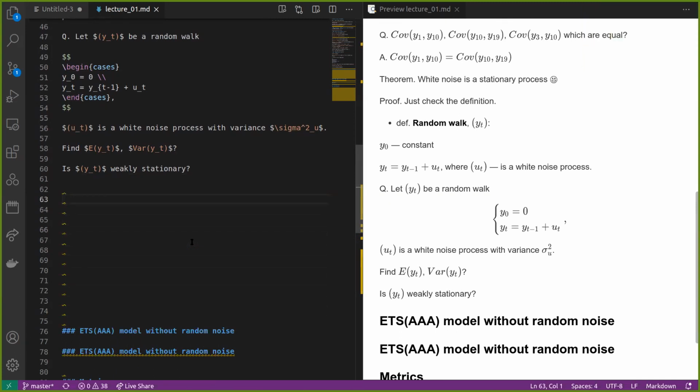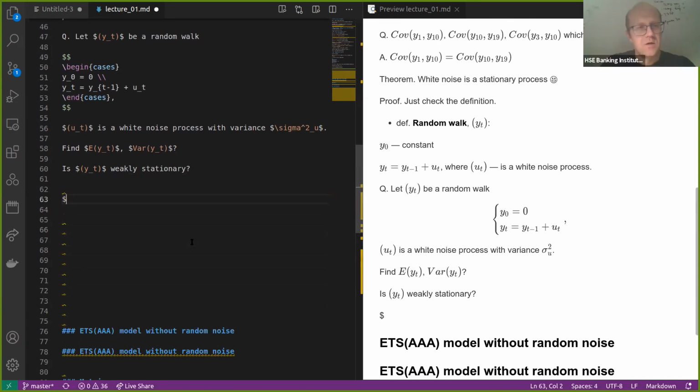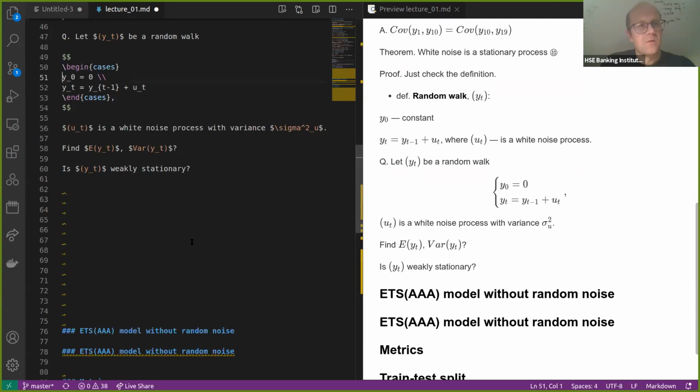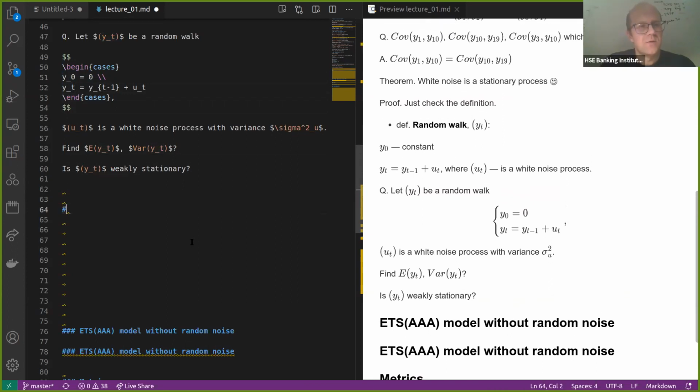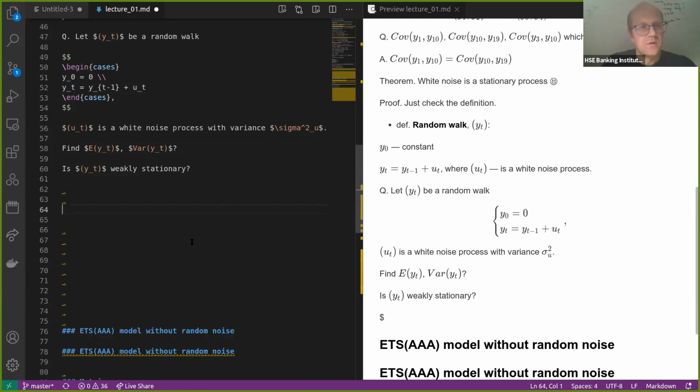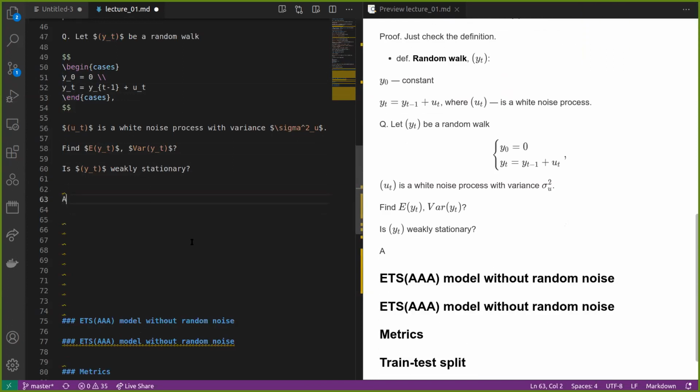So let's write what is the value if Y0 is 0. What is the value of Y1? Let's proceed step by step.